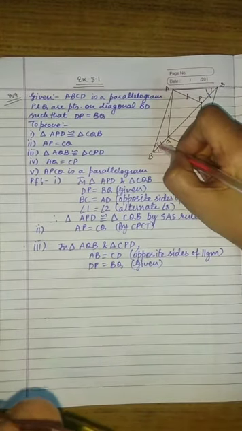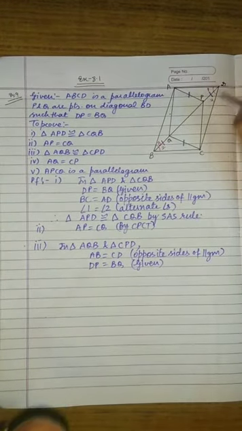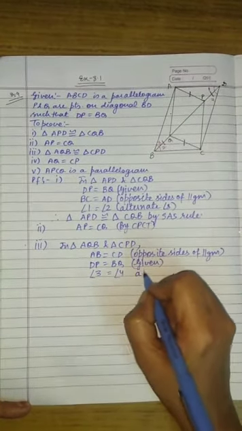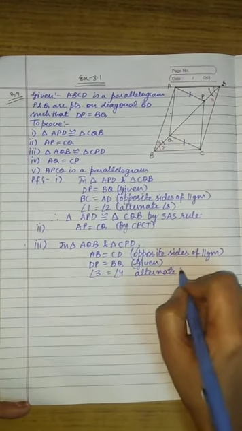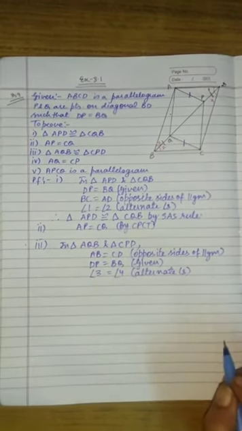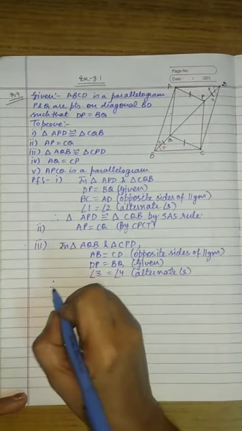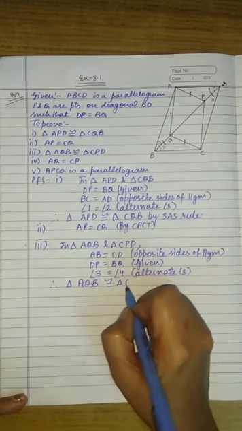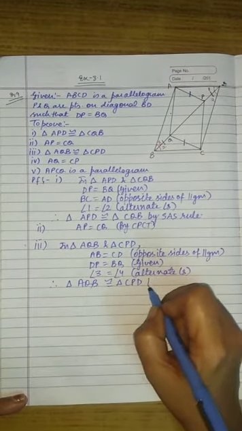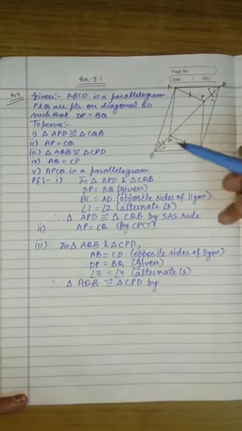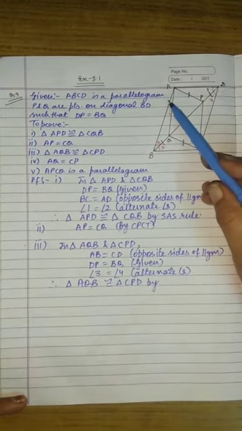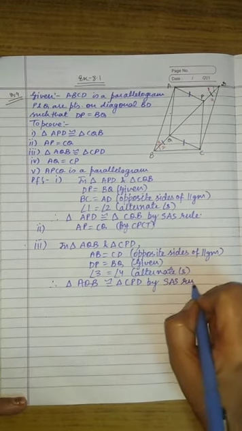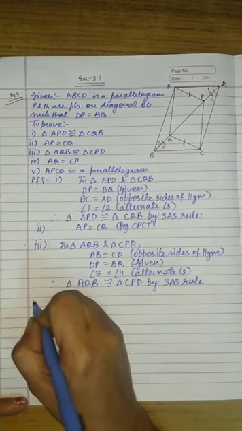So angle 3 is equal to angle 4, alternate angles. Now both these triangles are also congruent. Triangle AQB is congruent to triangle CPD by side angle side, again by SAS rule.